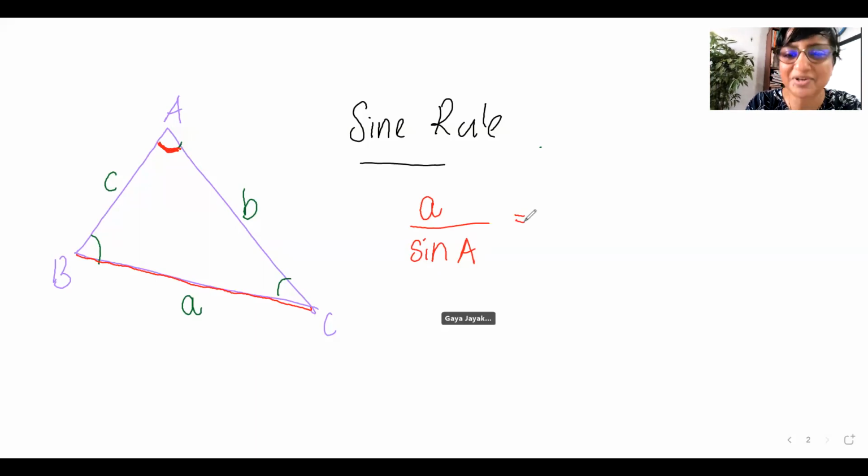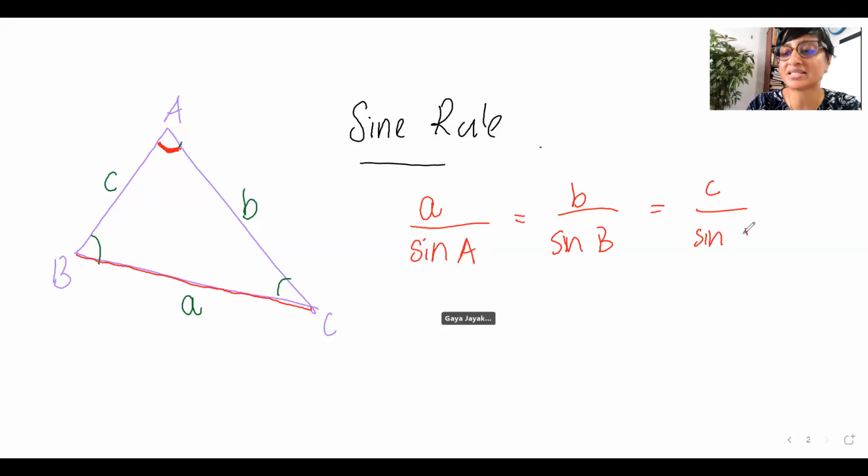You get the same ratio if you divide side B by the sine of angle B. You get the same ratio if you divide side C by the sine of angle C. These are angles. That is sine rule.